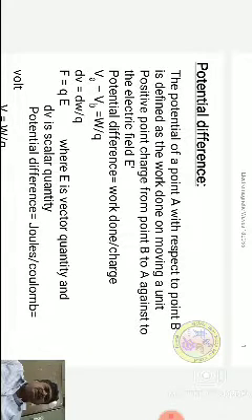So the potential difference between the two points A and B, VA minus VB, is equal to the work done, labeled as W, upon Q. VA minus VB can be rewritten as dV, the differential in potential, and the small work done, dW, by Q. So dV is equal to dW by Q, and we know the expression of the force: force is equal to charge into the electric field.